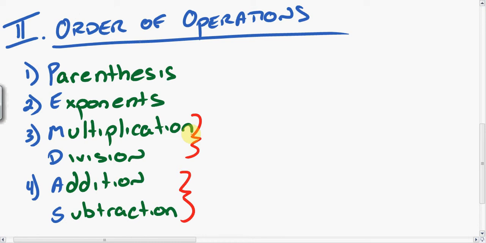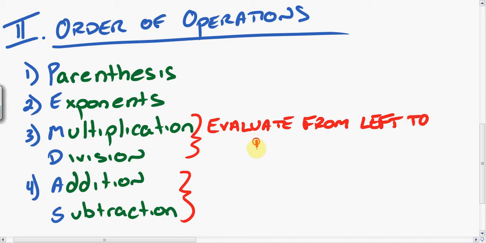If division comes first, before multiplication, you're going to evaluate that first. So I'm going to make a little note here. So you're going to evaluate these two from left to right. And the same holds true for addition and subtraction. Doesn't matter if subtraction comes before addition, you're always going to evaluate from left to right.